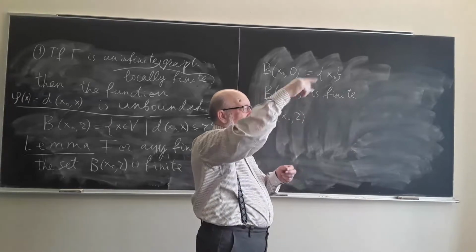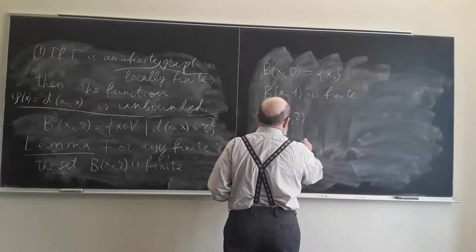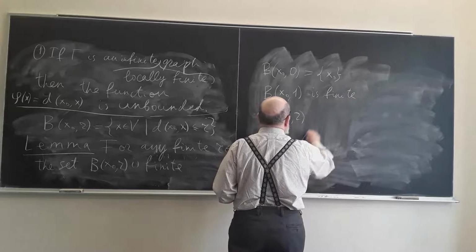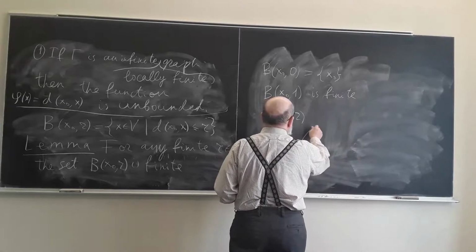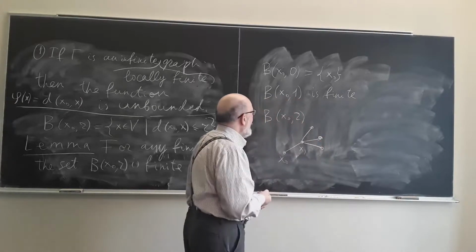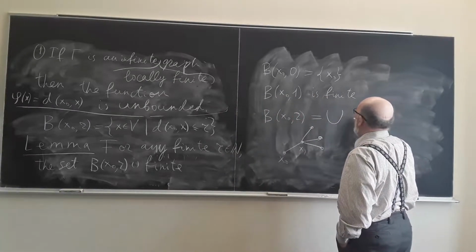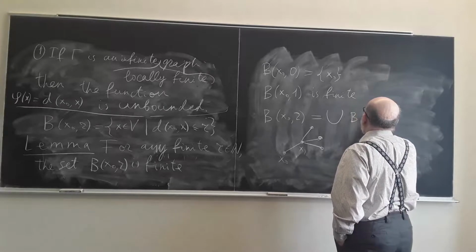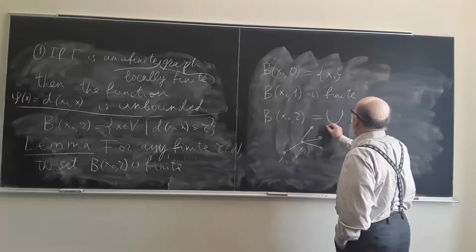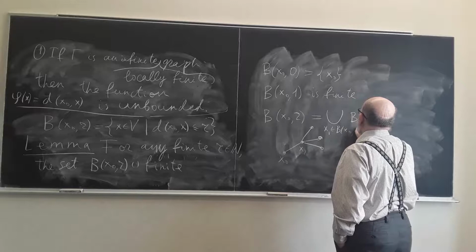To reach it, it is x0, let's say x1, then we have to make one more step. Here it can branch, of course, but it is the union of B of x1, 1 for x1 in B of x0, 1.